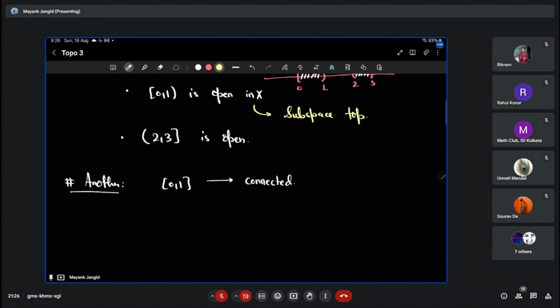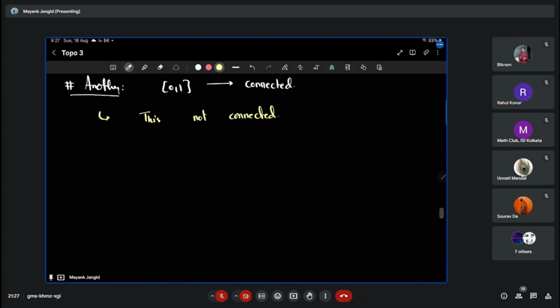Let's say this is not connected. Then by the definition of a disconnected topological space, there exist open sets U and V, disjoint and nonempty, such that their union is the full space.